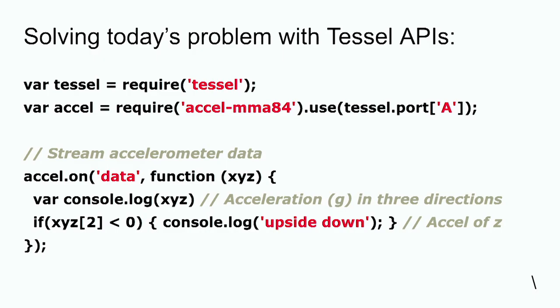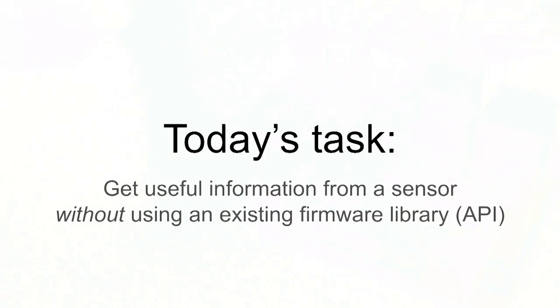Because it's much more interesting if we take a look further in and don't use the APIs that we've already written. So what I'm going to do is show you the basics of how we go from a piece of hardware like this, with this little black chip on it, the MMA84 accelerometer, how we look at the data sheet and interpret the signals and talk to it in order to get useful information.